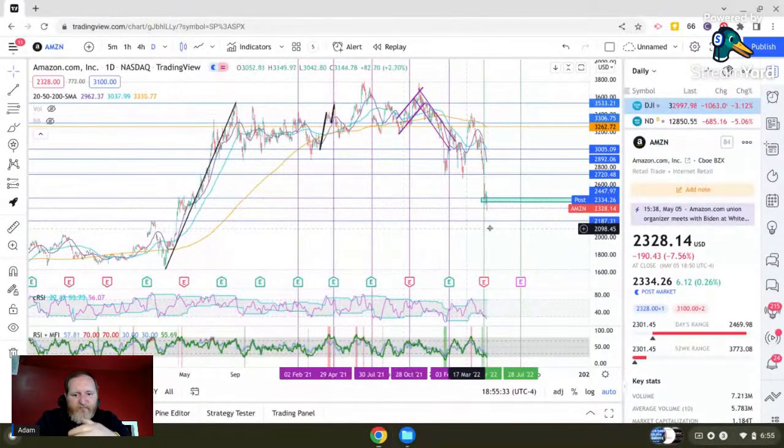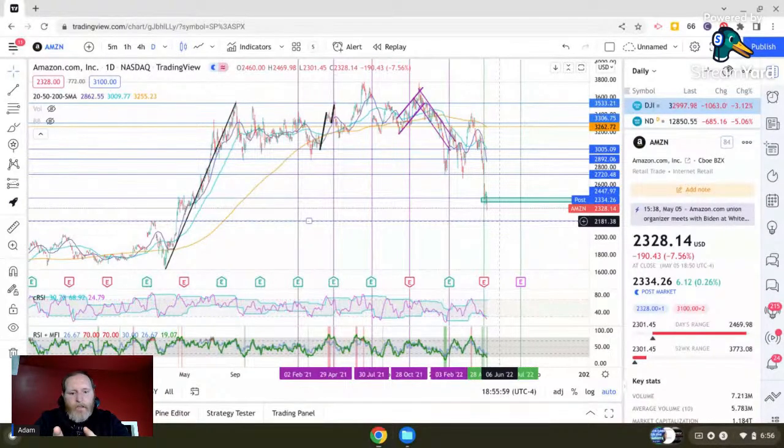It is up 0.25% in after hours. So maybe Amazon's heading back down to where it was in 2019. It's a possibility, especially with all these disappointing either earnings or guidance from these e-commerce companies.